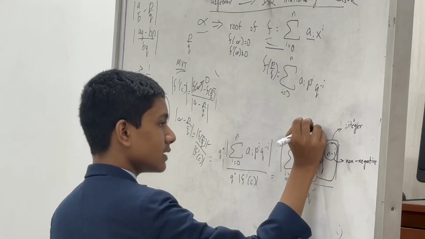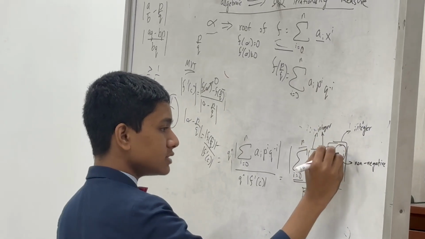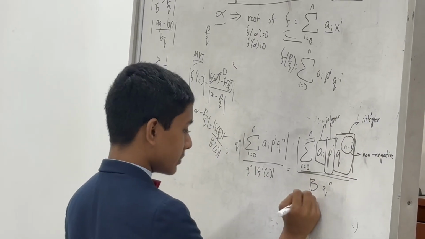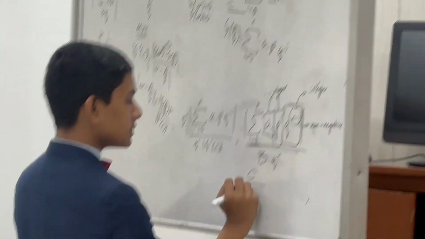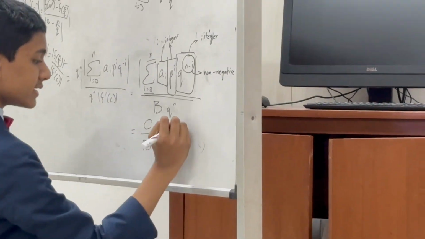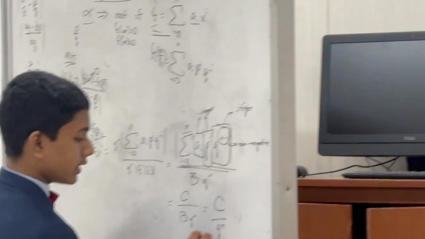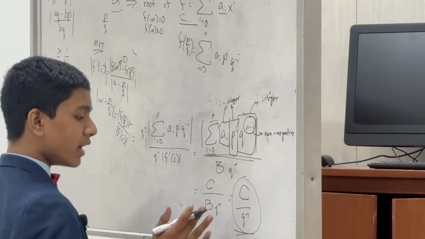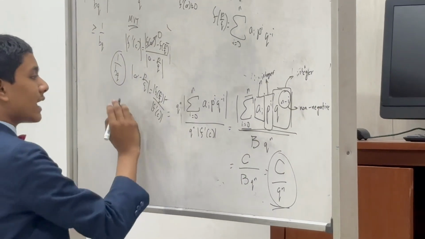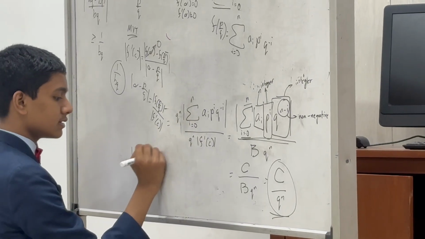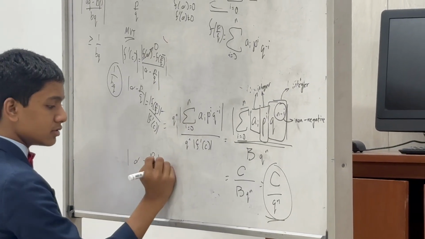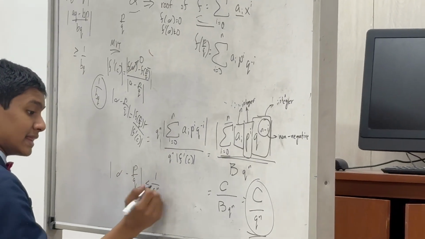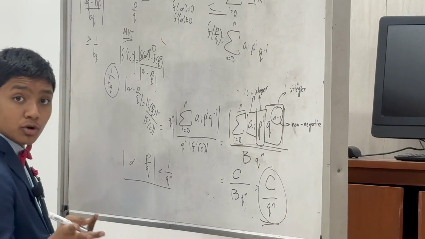So this is an integer, this is an integer, and that is an integer, which means that their sum is an integer. So, I mean, it's going to be a really big integer for big values of n, but it's still going to be an integer. So at the end of the day, like the trick we use for differential equations, we can just write this as some constant divided by q to the n, which means that you've officially said that alpha minus p over q can be written as less than 1 over q to the n or something, but you can't go beyond that.